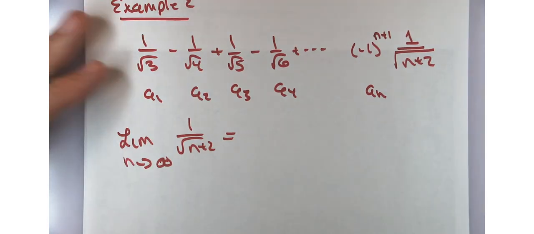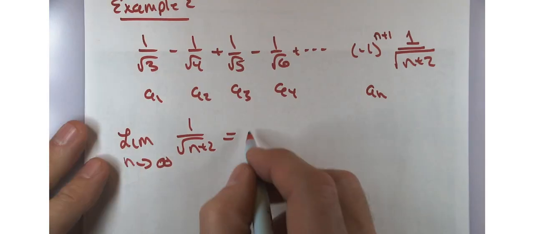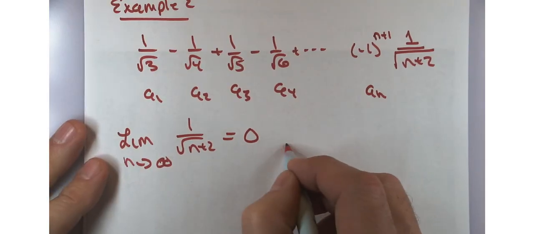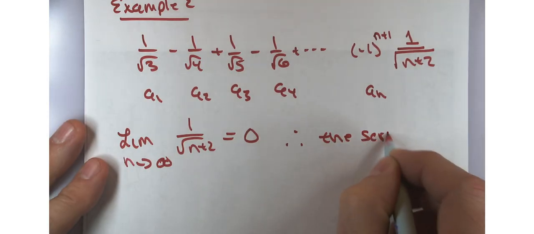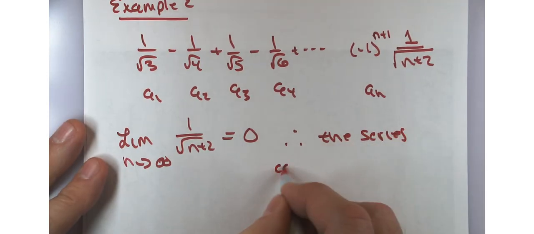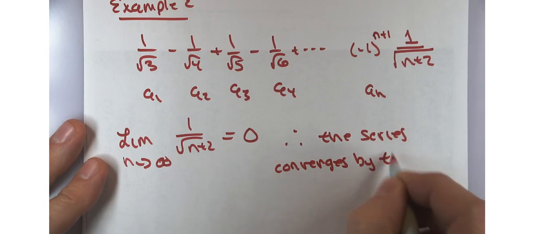I'm not going to make you do anything fancy with that one. I think we can just eyeball this one. What do we get for this limit? 0. So therefore, the series converges by the alternating series test.